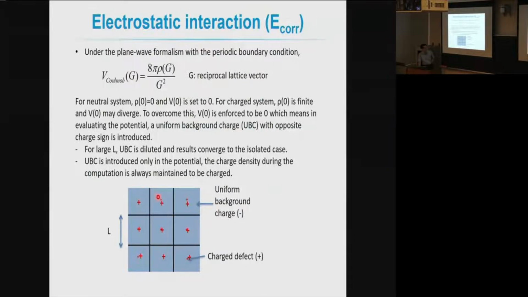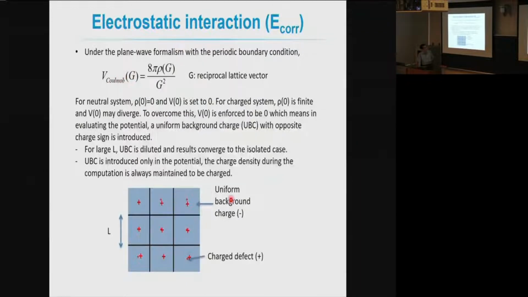All right. So by having this uniform background charge, since it is uniform, it will not affect the dynamics of the electrons. But it will effectively nullify the defect charge, and therefore you can compute this by setting V0 as 0.